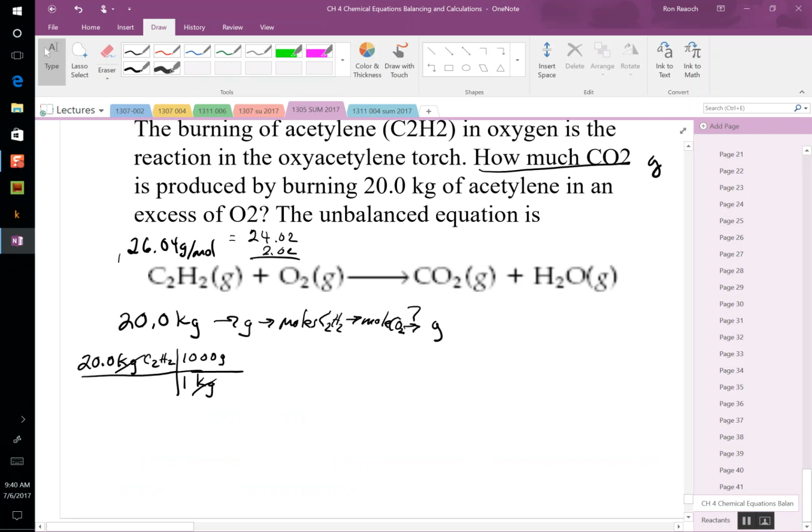All right, and then it becomes that kind of a problem. This is the most important kind of problem for you to be able to solve, this stoichiometry. It requires these skills. Converting grams into moles and converting moles into grams.